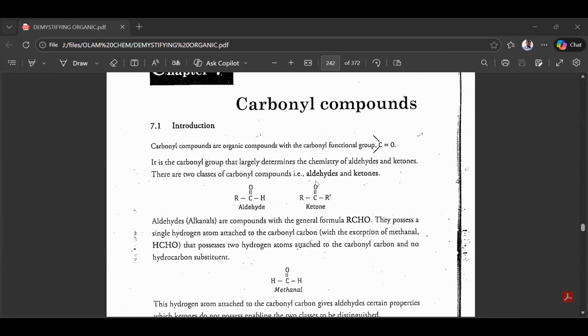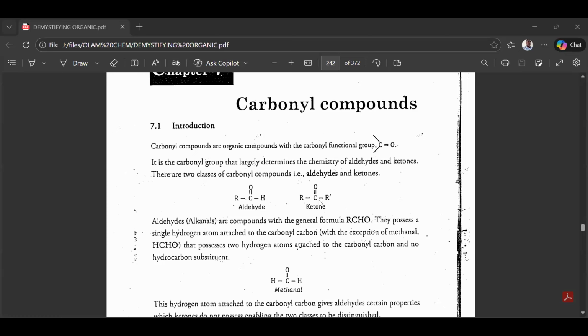Whichever carbonyl compound you see that has a hydrogen attached to the carbonyl carbon, that compound is a carbonyl compound under aldehydes. Then when you see any carbonyl compound with a carbonyl carbon which is not attached to any hydrogen atom, that compound is a ketone.